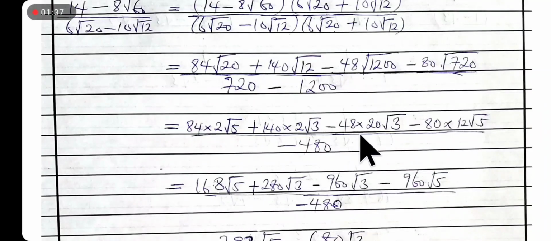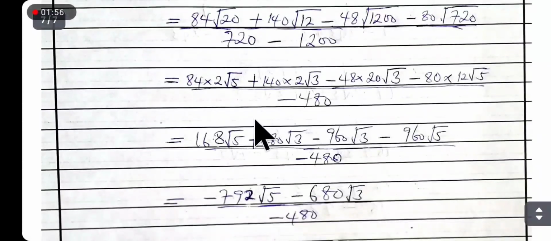Minus 48 times root 20, of course, we do the same thing. Minus 80 multiplied by root 12 gives 12 root 5. You have to simplify. I've done a video on simplification, so you can check it up if you don't know how that is gotten.